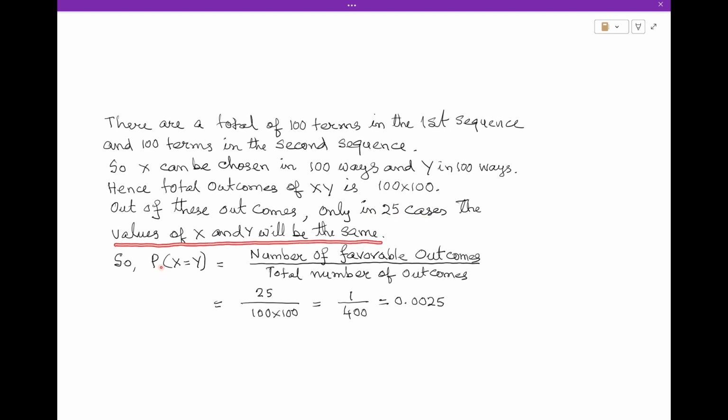Therefore, the probability of x equal to y, P(x = y), is equal to the number of favorable outcomes divided by the total number of outcomes, which is 25 divided by 100 multiplied by 100, that is 1 by 400 or 0.0025. This is the required probability.